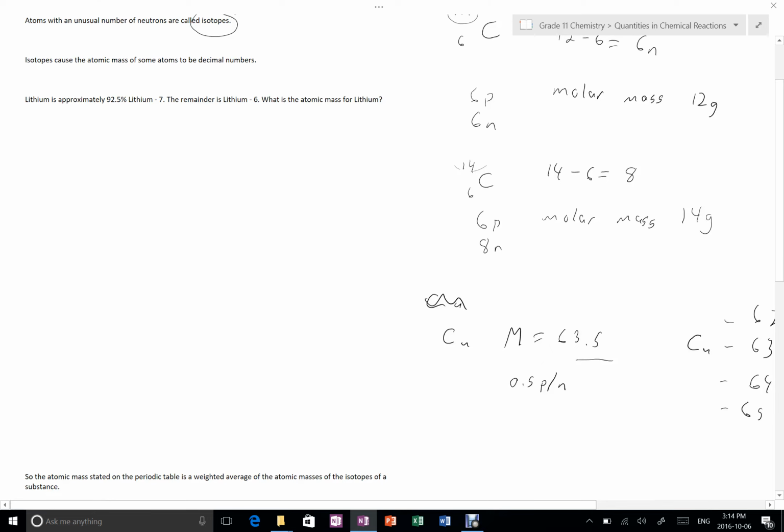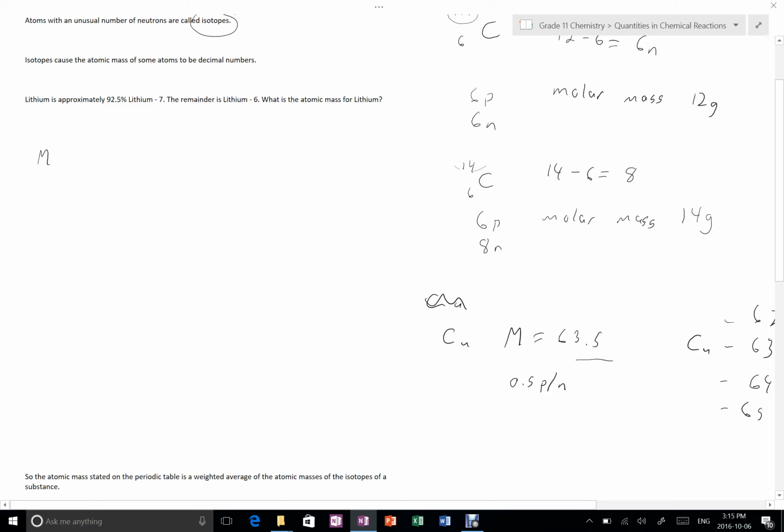If we take something like lithium, for example, we can see that lithium is 92.5% lithium-7. So that is by far the most common. However, the rest of it is lithium-6. So using that, what is the actual atomic mass or molar mass for lithium? So we have to do a weighted average here.